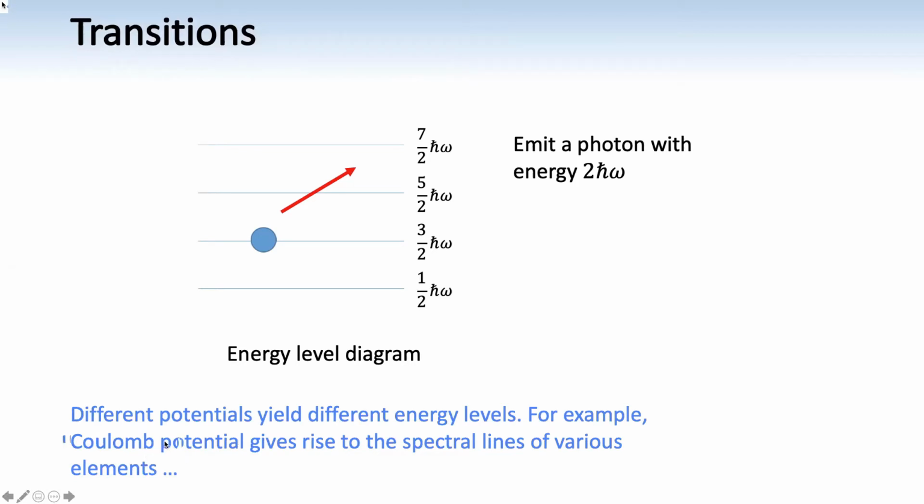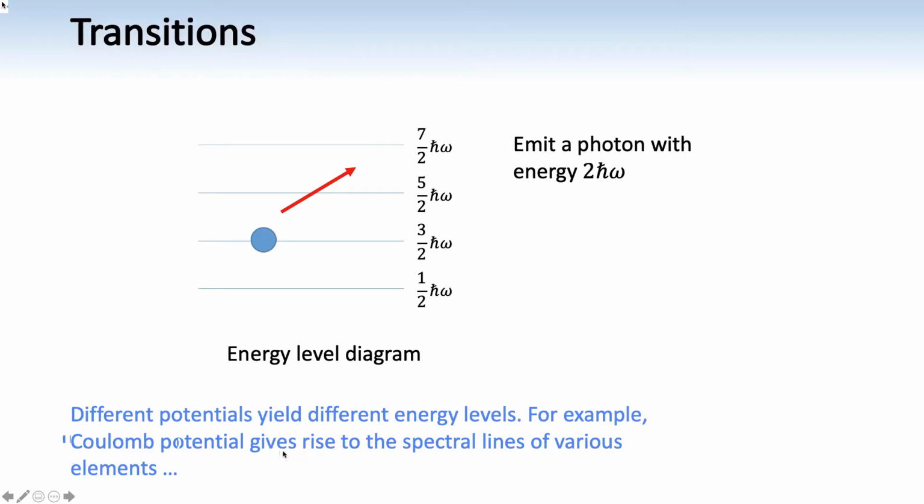Namely, he could find both the psi function as well as the energy eigenvalues, and he found the formula for the energy eigenvalues, which agreed with what Bohr discovered about 13 years earlier. Okay, so that was the beginning of the quantum theory, and people started to believe in that.